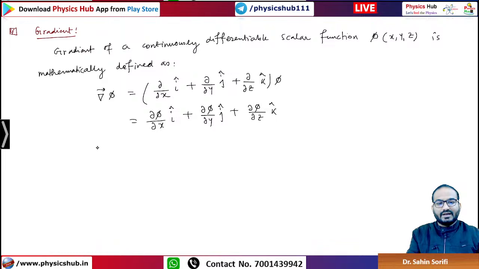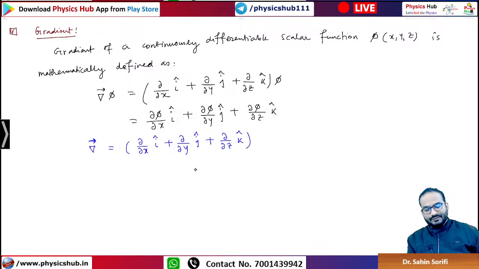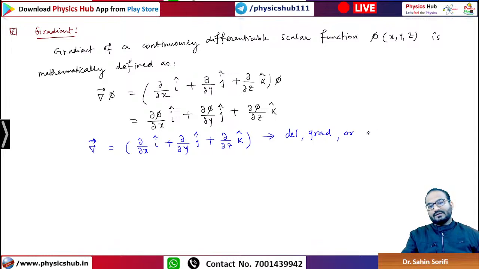Here grad is called the gradient operator, the del operator, or sometimes the nabla operator.